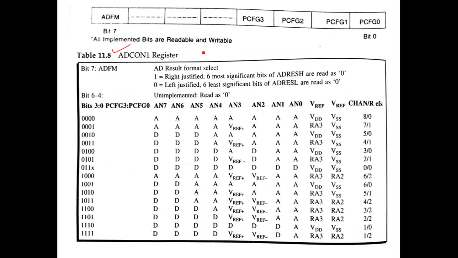The other register is the AD control 1 register. Now here you can see these 4 bits.